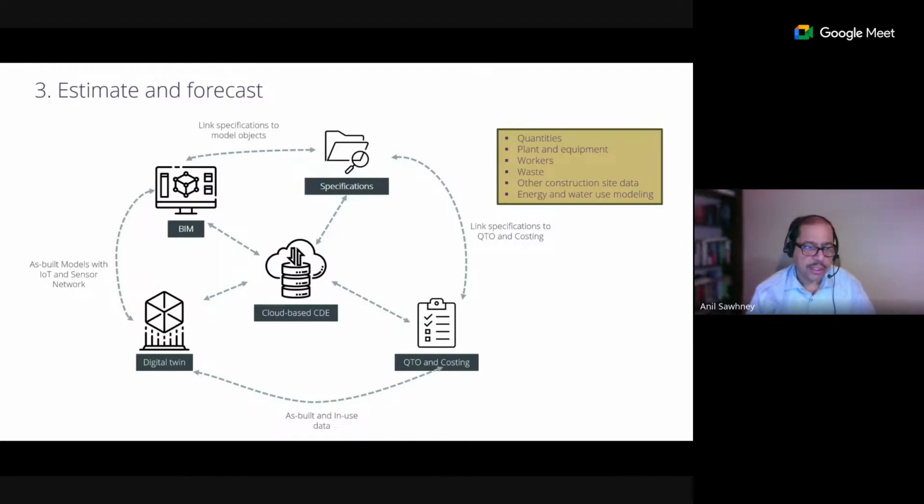But this is the stage where you have to calculate quantities, figure out plant and equipment, figure out how many workers, waste, how many kilometers you're traveling. All kinds of data needs to be collected. This is called primary or foreground data of your assessment because it's directly linked to your project.